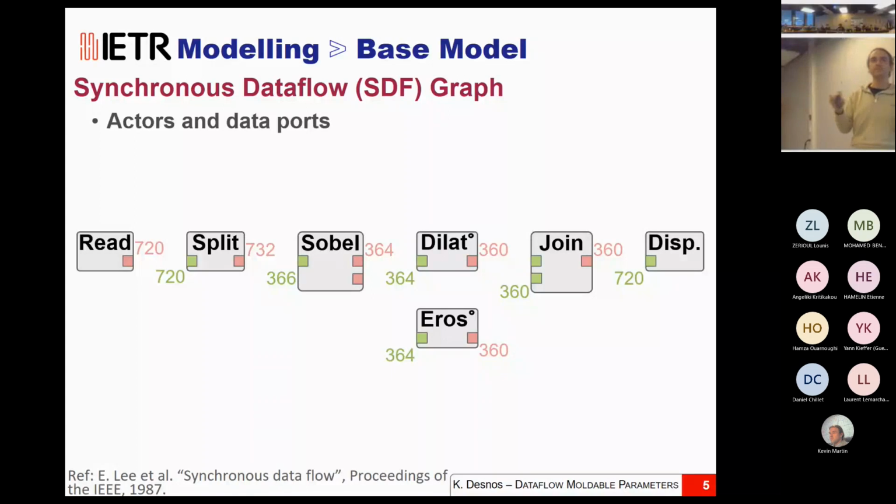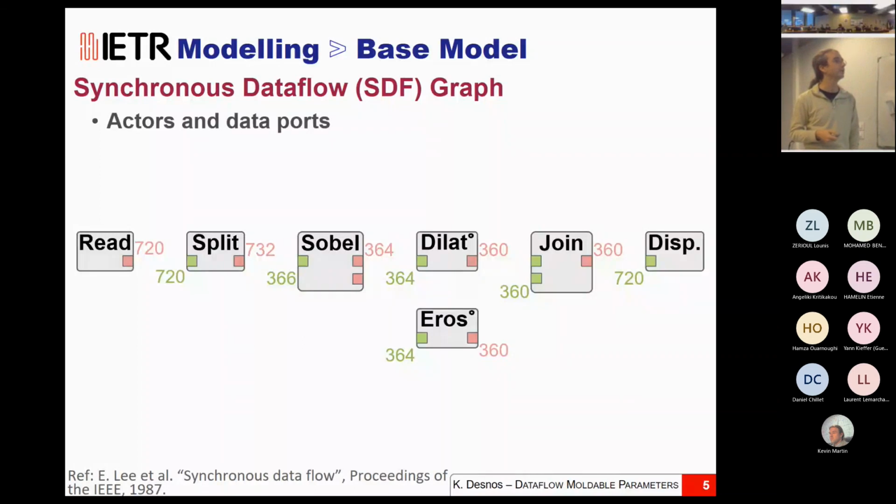So you can see them as a C function that you call. And each of these actors, when you call it, when you execute it, it will consume a well-defined number of data tokens.